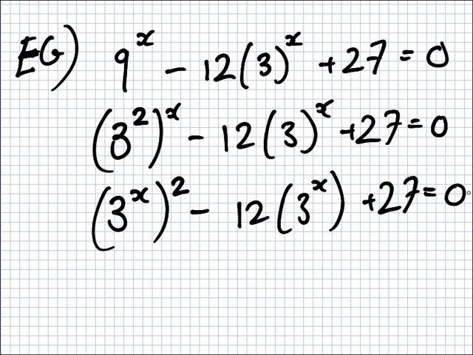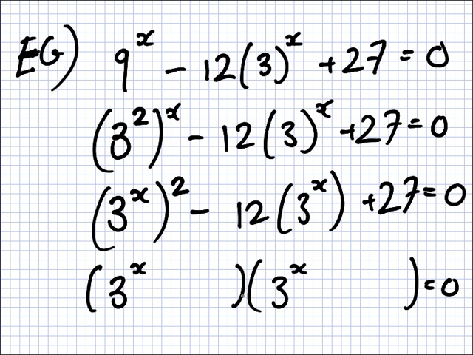I'll just go straight into factorizing it. We don't need to do the substitution. It's obvious it's a quadratic with 3 power x here and here instead of x. 9 and 3?